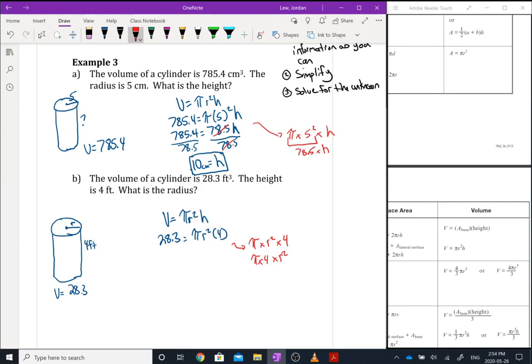And similar to the last one, I can focus on multiplying pi times 4, and get 12.6. And then still have the r squared there at the end because I can't multiply that through.